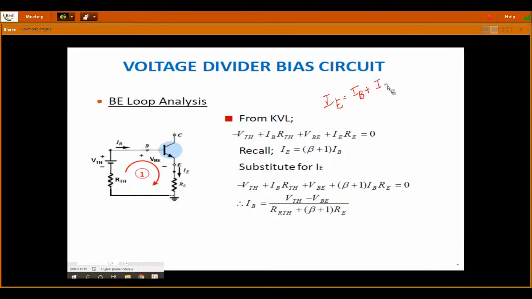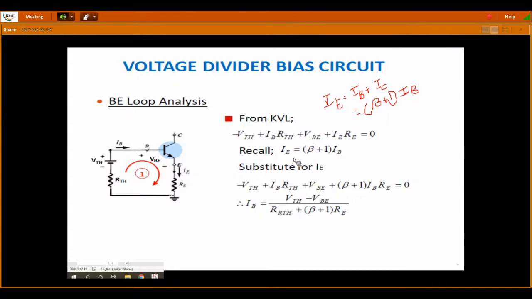Now we know that IC is beta times IB, hence replacing IC with beta IB, the emitter current IE in terms of IB is equal to beta plus 1 times IB.